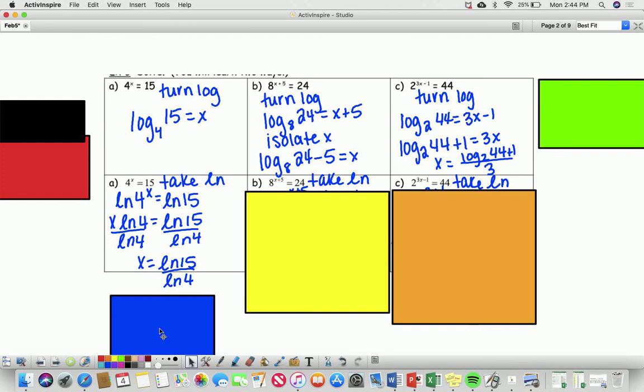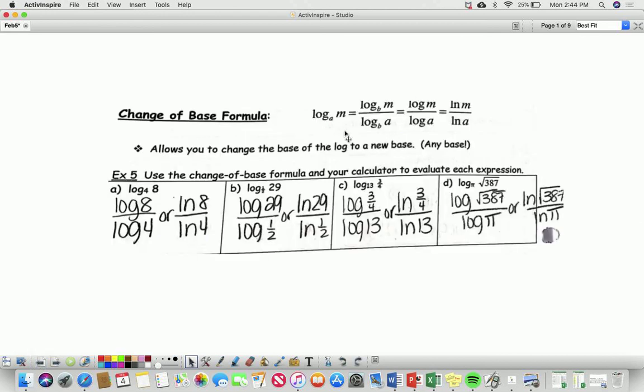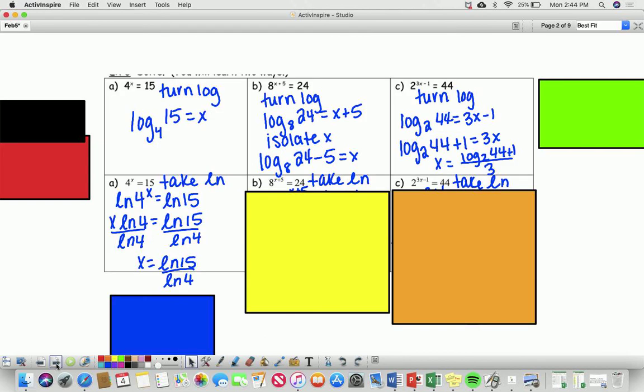Now, let's remember, back on the last slide, I have ln of 15 over ln of 4, log base 4 of 15. That's the same thing. If my a is 4 and my m is 15, it would be ln of 15 over ln of 4. These are the same thing. Both ways are correct. Might not be as obvious in these more complicated problems, but it is the same thing.